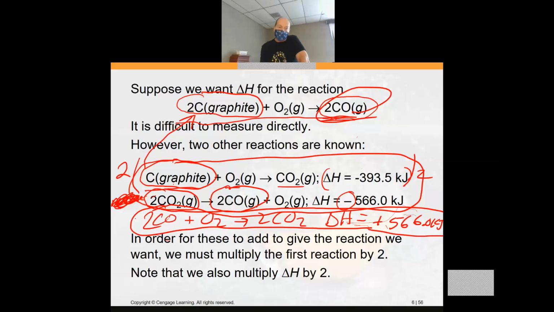So yes, we reverse this one to get the one they gave us. Anyway, I would not give the problem as they gave it. You don't have to do anything to the second reaction because you already have your CO as a product. But if it was given the way it should have been given, you would have to reverse it.